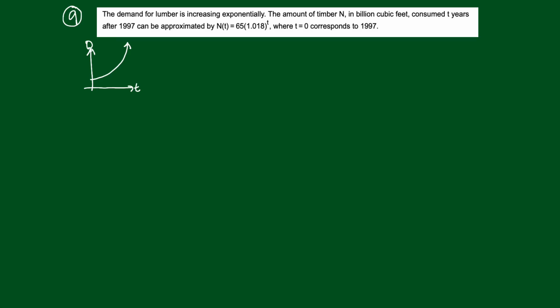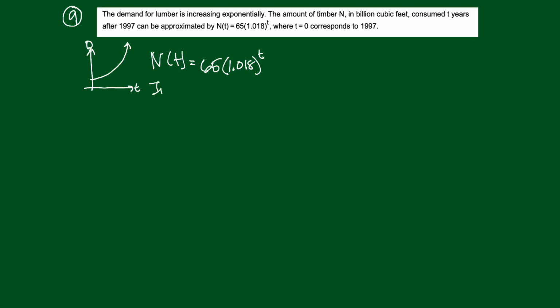Now, the amount of timber, N, is going to be the number of billions of cubic feet of timber consumed T years after 1997. So T is the number of years after 1997. It can be approximated by this function here: N of T, the amount of timber, is equal to 65 times the quantity 1.018 to the T.